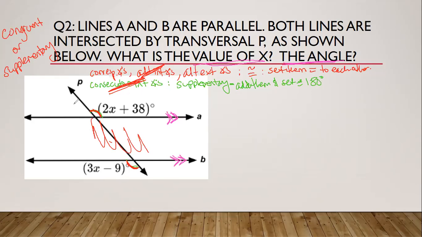If they were corresponding, they would be on the same side in the same corner. So this would be here also, but that's not the case. I have two angles that are outside, so they're exterior, and they're on opposite sides of the transversal. They're alternate. So I have alternate exterior angles.